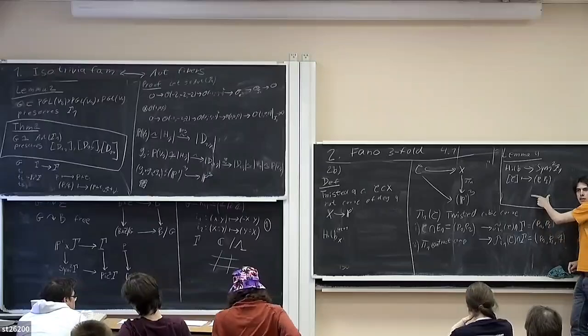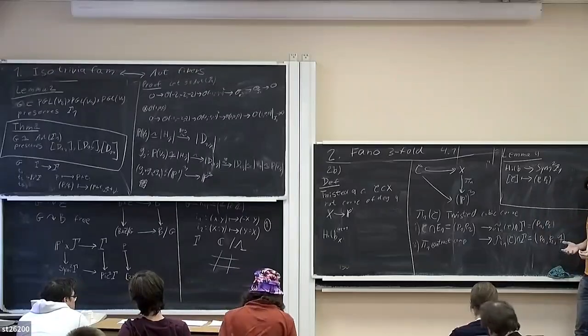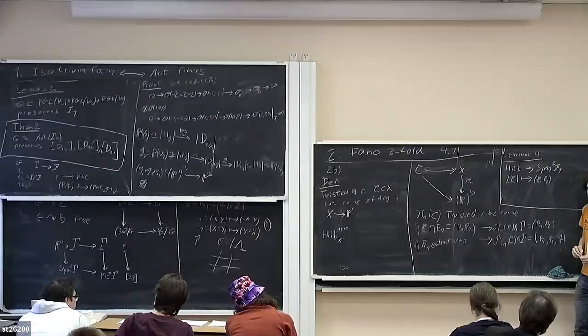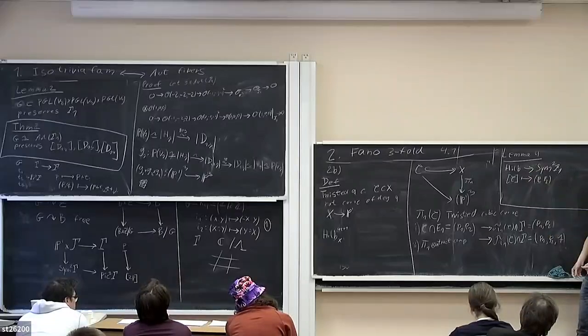And this is a morphism. The only way I know how to construct this as a morphism is using semi-orthogonal decompositions. Maybe somebody knows an easier way to construct morphisms from Hilbert schemes, but so far it's actually complicated to show that this is a morphism.